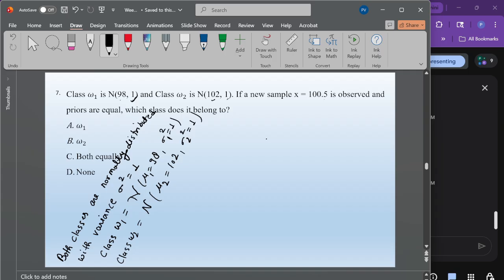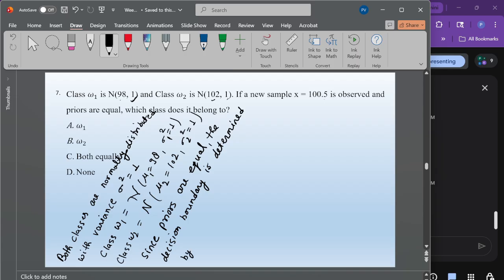Since the priors are given as equal, the decision boundary is determined by the mean, by finding the midpoint between the two means, where the probability densities are equal.